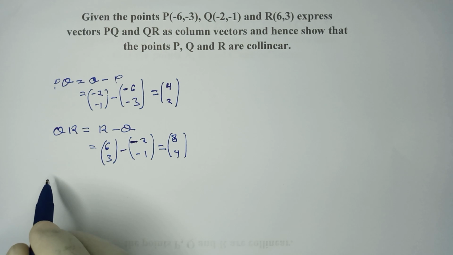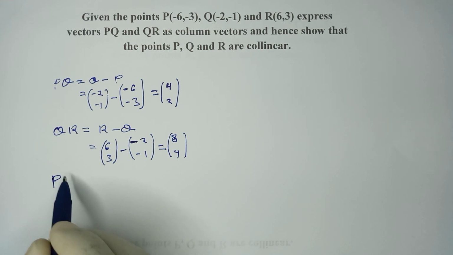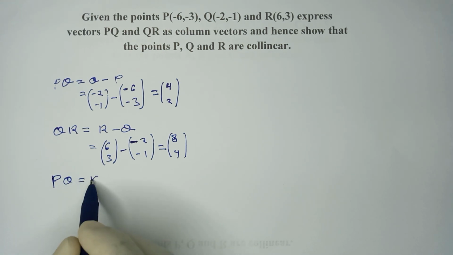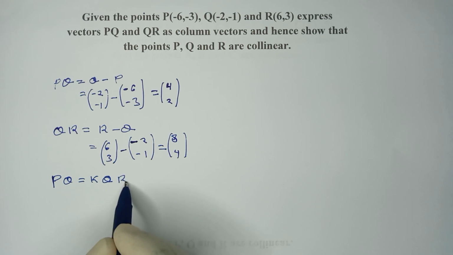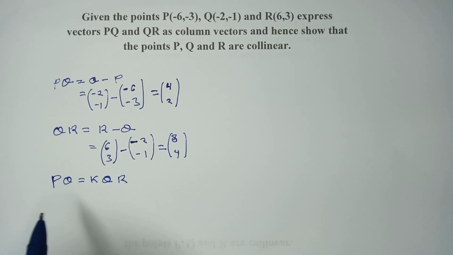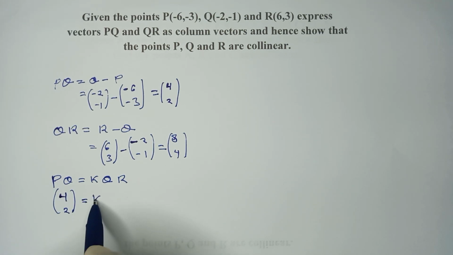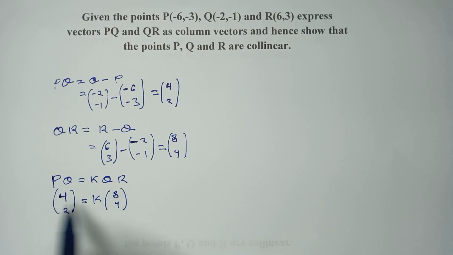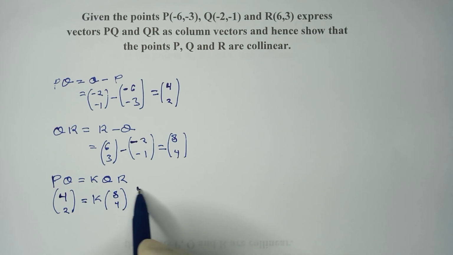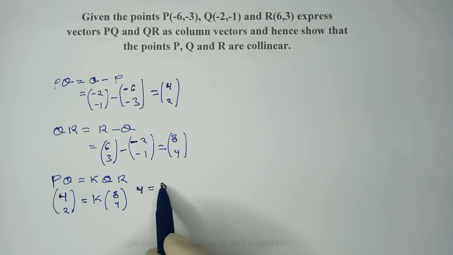Then I can say PQ is equal to K QR. So what is PQ? PQ is (4, 2), equal to K, which we don't know, times (8, 4). So we need to get K. You can take the upper values and say 4 equals 8K.